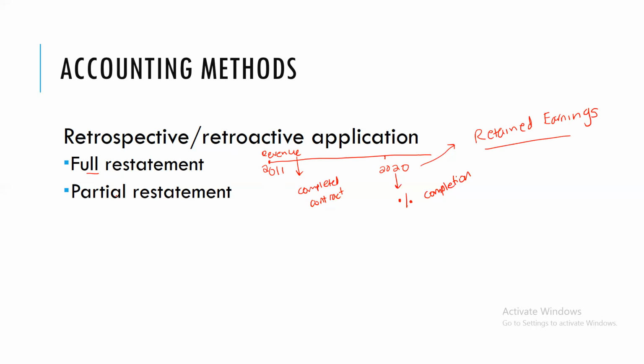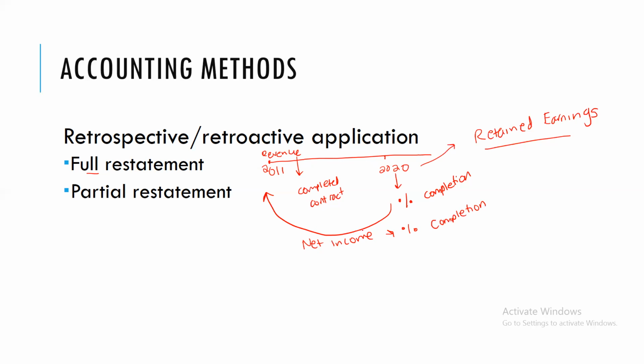If you're doing full restatement, you're going to go back all the way to 2011 and figure out what your net income would be if you were always using the percentage completion method. If you're always using the percentage completion method in all of these years, what would your net income be?